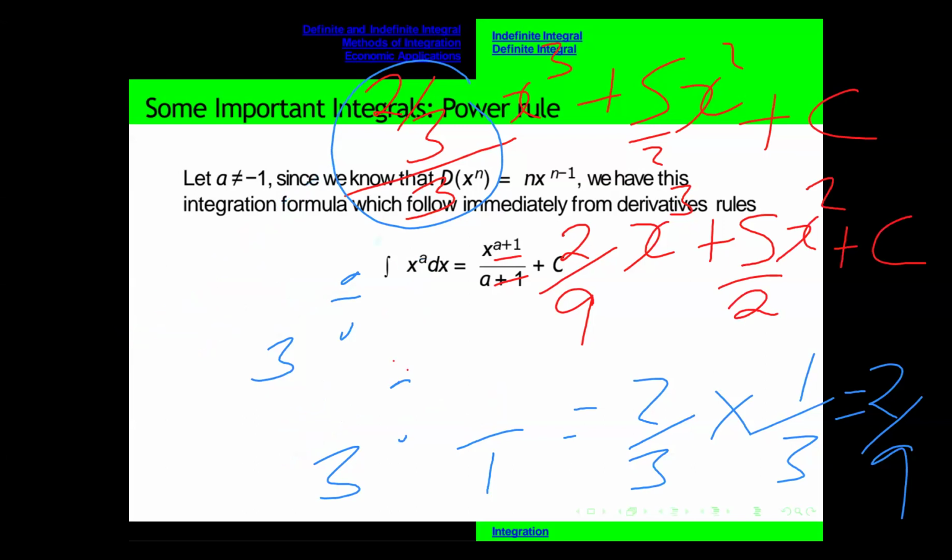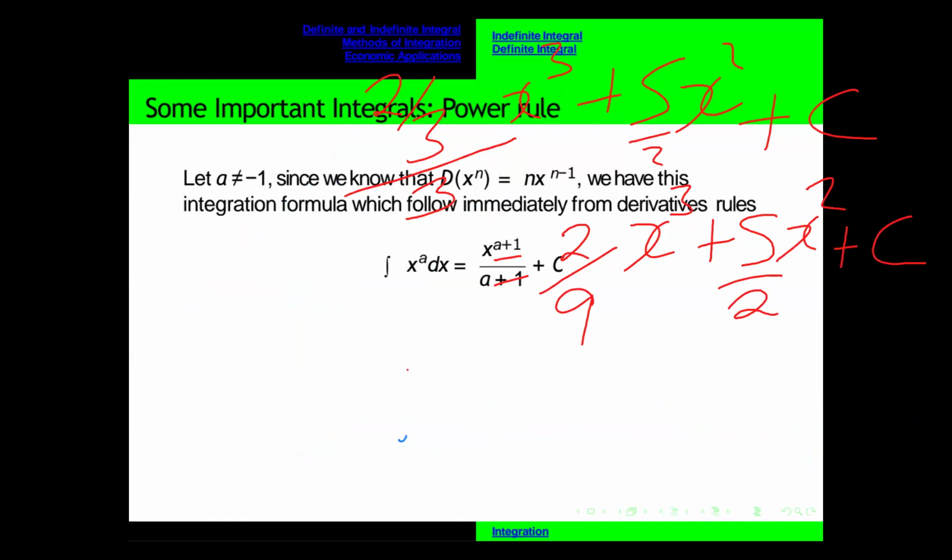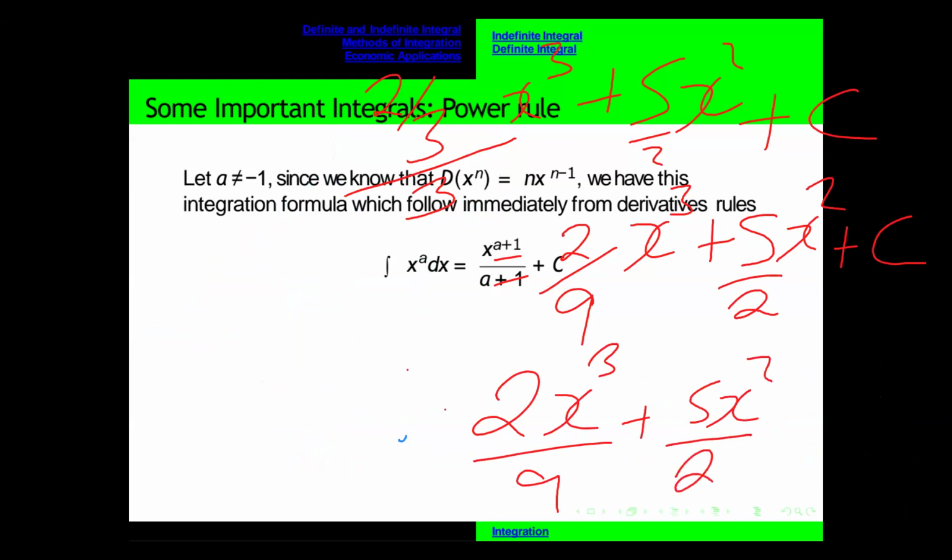I wanted you to see how to use fractions, and then you will have 2x cubed over 9 plus 5x squared all over 2 plus c, the constant.